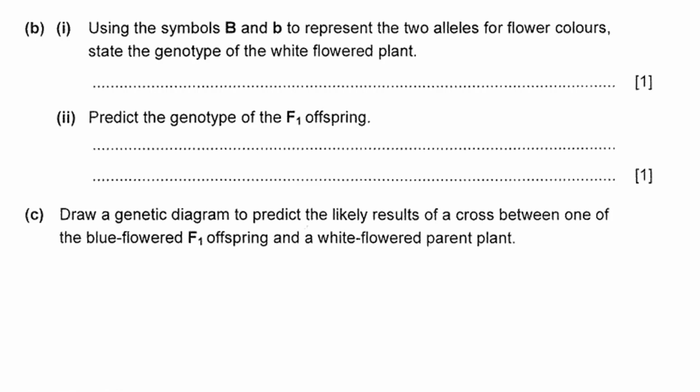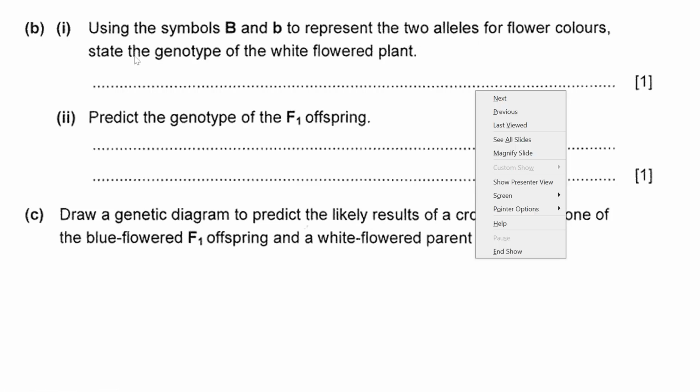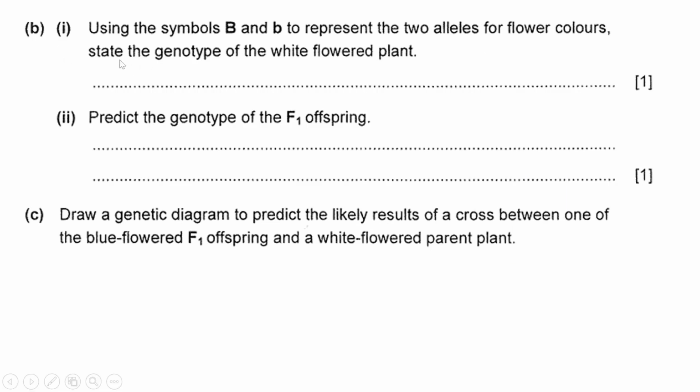So when they say using the symbols capital B and small letter b to represent the two alleles for flower colors, state the genotype of the white flowered plant, the genotype now will be bb, small letter bb.